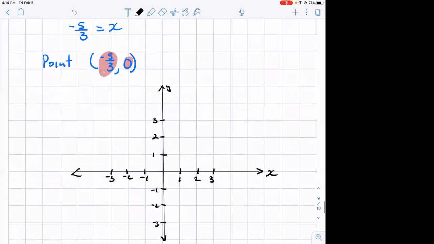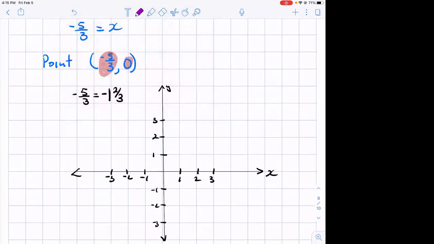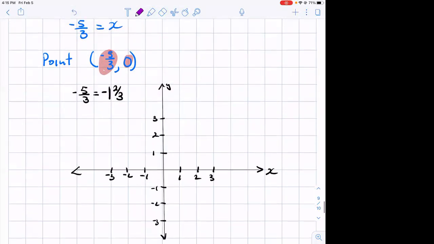So the first point, remember 5/3 is the same as -1 and 2/3, right, as a mixed number. So that point minus 5/3 is somewhere between -1 and -2. So y is 0, sorry, y is 0. So the x is somewhere between -1 and -2. And we just put it there, okay?